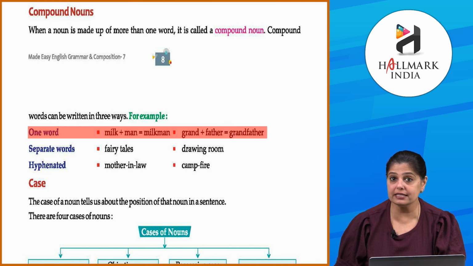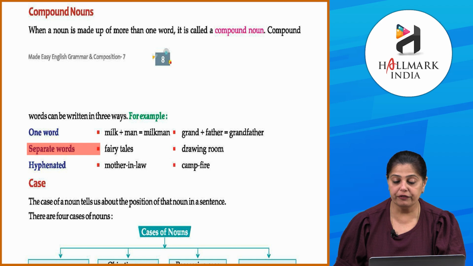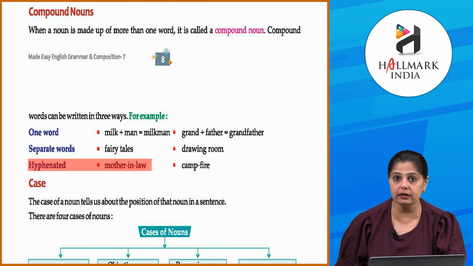They can be written as separate words: fairy tales, drawing room. Or hyphenated, wherein you put a hyphen in between: mother-in-law, campfire. Clear? Compound words are when you take two separate words and join them to make one word which makes sense.